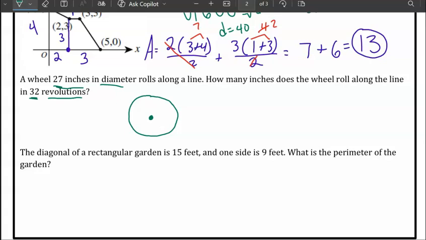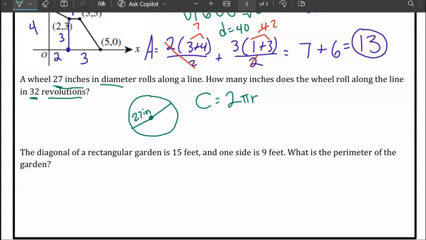There could be multiple correct answers on here depending on the formula used. But for today, we're going to use the circumference and multiply it by 32. The circumference formula is 2 pi r.